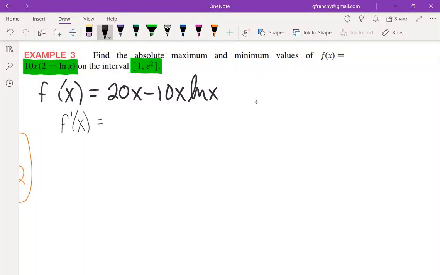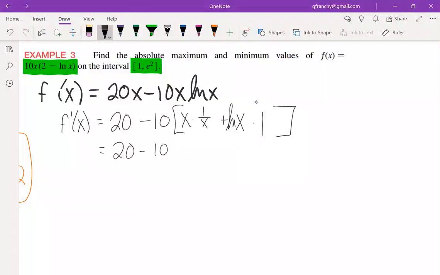So now the derivative of 20x is 20. And then we're going to have minus 10 times, I'm taking that constant times a function out, so minus 10 times, it will be the first times the derivative of the second, plus the second times the derivative of the first.